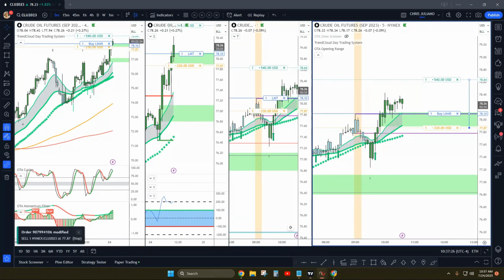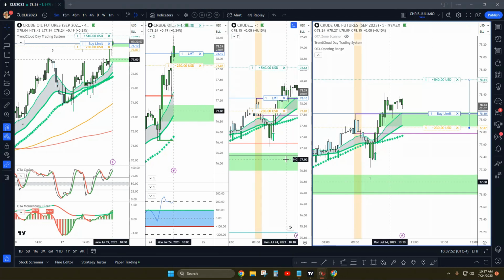If you want, jump onto the micro. You can jump onto the micro and take that. What's that? 78.10. Right there. 78.10 right there.